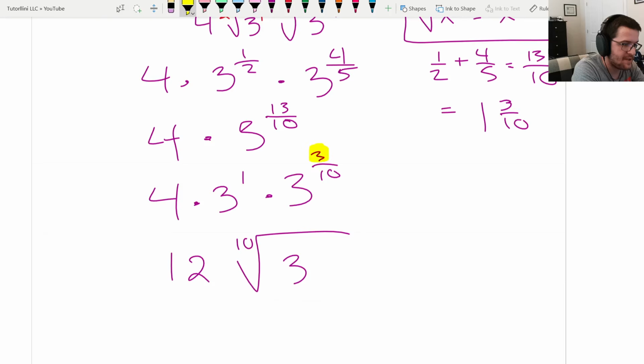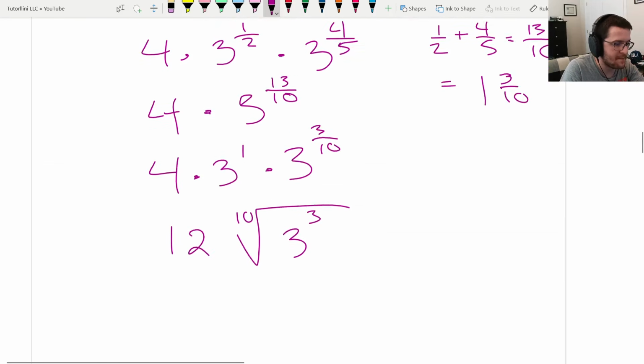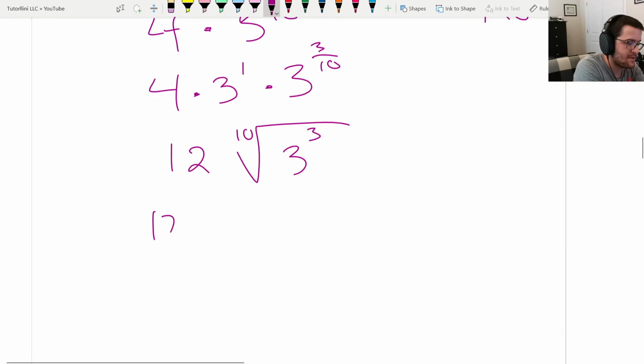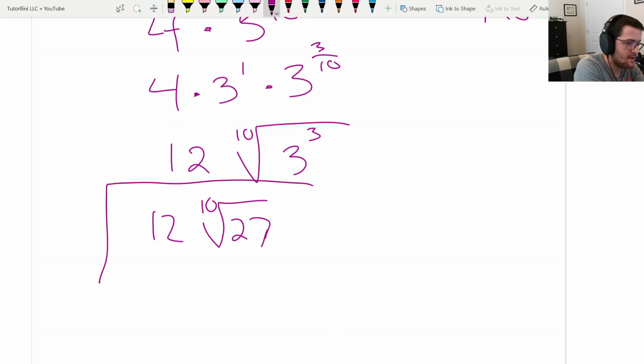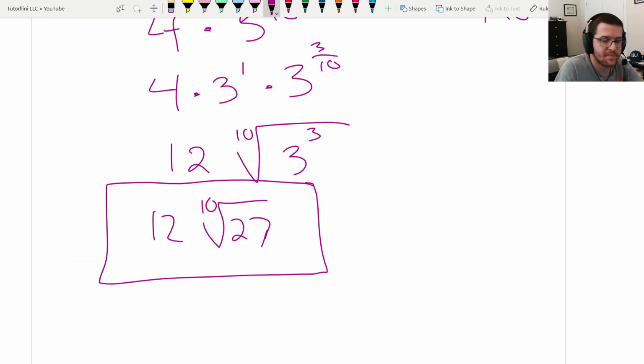This one is the power, 3. So 12 times the 10th root of 3 to the 3. 3 to the 3 is just 27, so this is 12 times the 10th root of 27. And now we should be in business. Let me just check. Yeah, everything looks good.